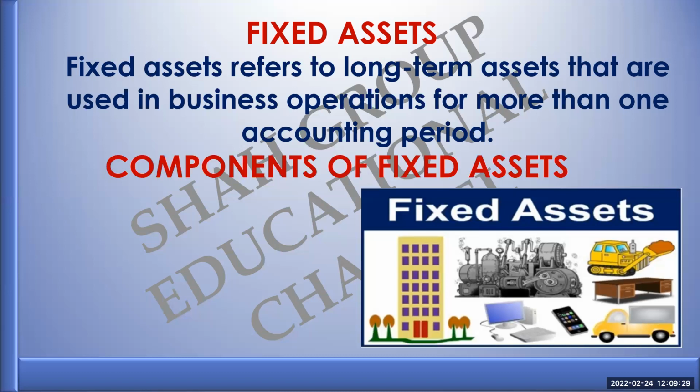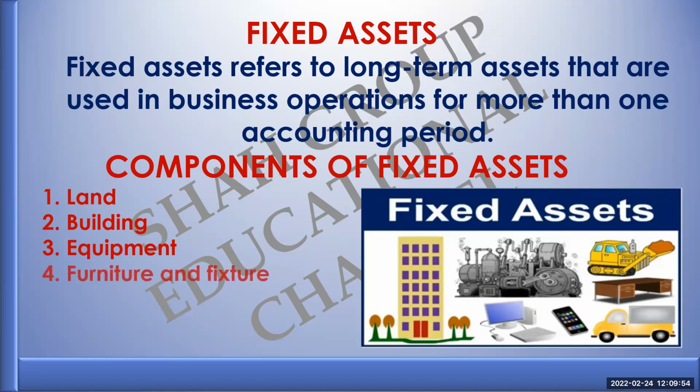Number one is land. Land includes any area for construction purpose. The next is building. It includes office building, warehouses, etc. Okay, the next example is equipment. Equipment includes computer, printer, scanner, etc. The next example is furniture and fixture.